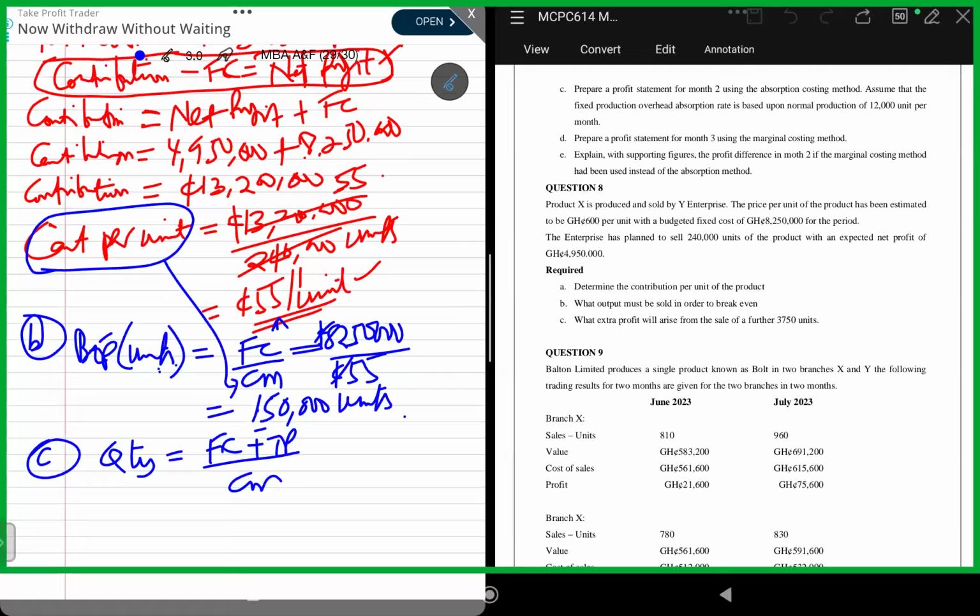In other words, what profit will arise from the sale of a further 3750? The question gave us the quantity of 3750. We have the fixed cost to be 8,250,000. We are searching for the target profit. The contribution margin is 55.